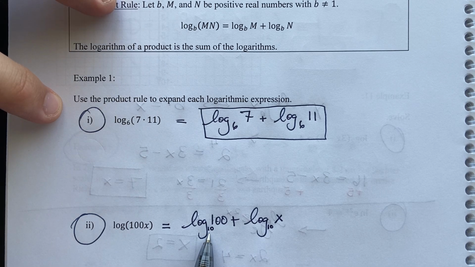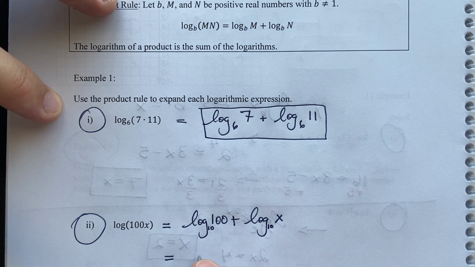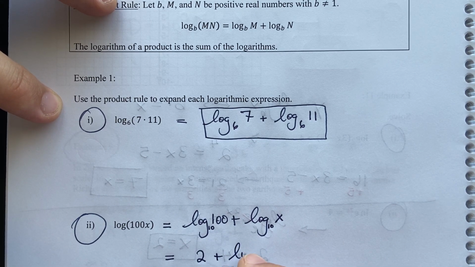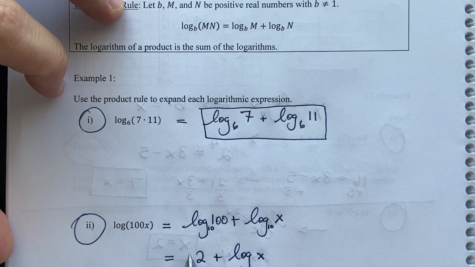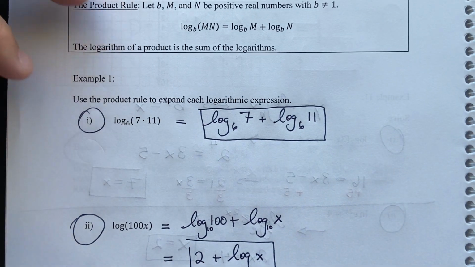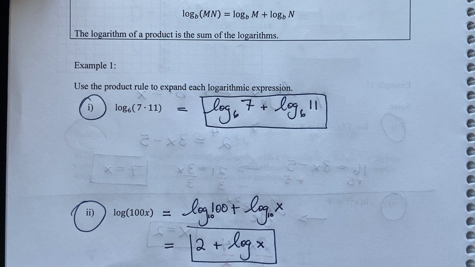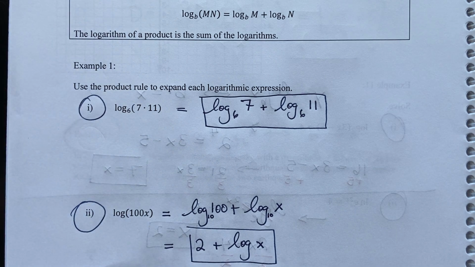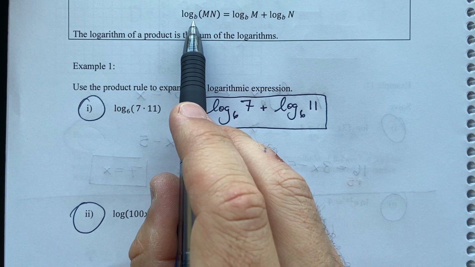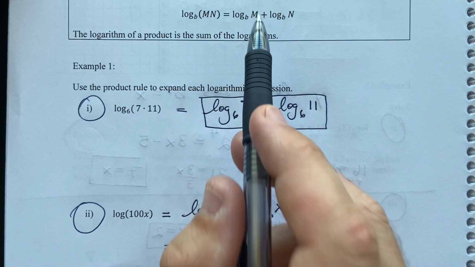I'll go ahead and simplify this though, because log base 10 of 100, this is just the number 2. So we'd have 2 plus log of x. Okay, so that's your first property, this product to sum.